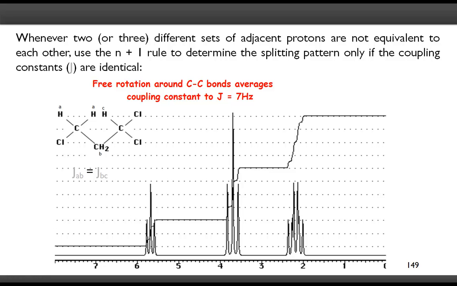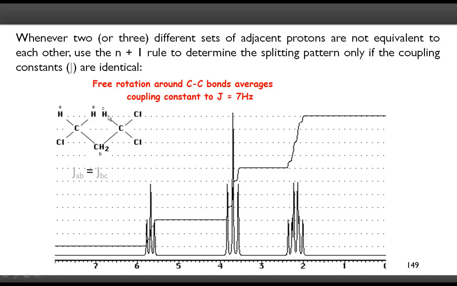And you can apply this rule even though this CH is different from the CH2 chemically. Whenever two or three different sets of adjacent protons are not equivalent to each other, we can use the n+1 rule to determine the splitting pattern only if the coupling constants are identical. If the coupling constants are not identical, they would not be as simple as they look here.